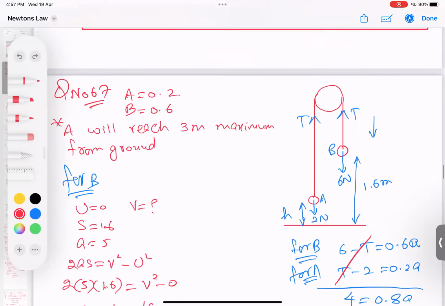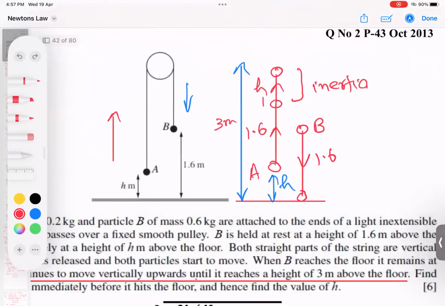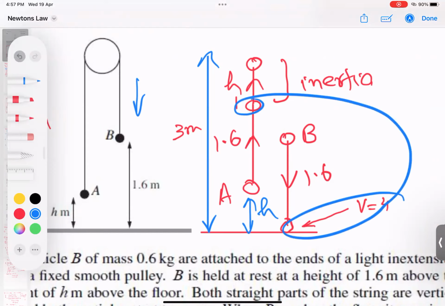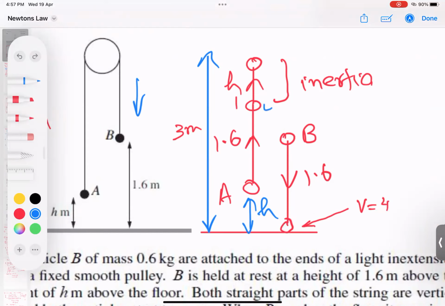Now I will give you an idea. Look here. My question is, what is the speed just before hitting? Velocity is 4, if you agree with me. And the same velocity at this moment, so for the motion due to inertia, this V will become U here. We discussed this concept last class, and I'm discussing the same thing here.